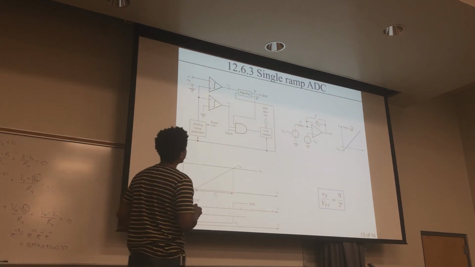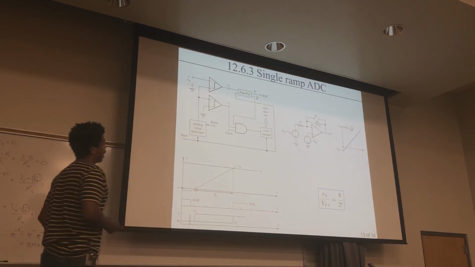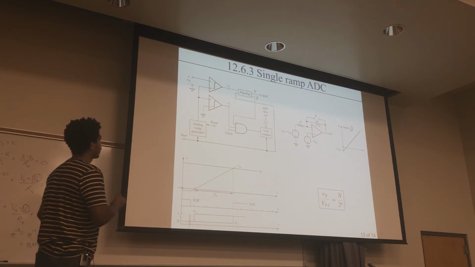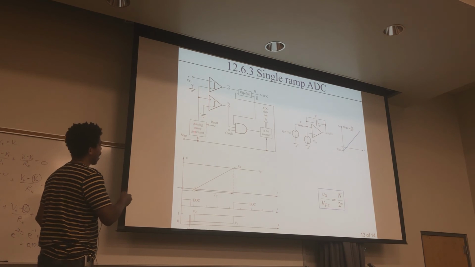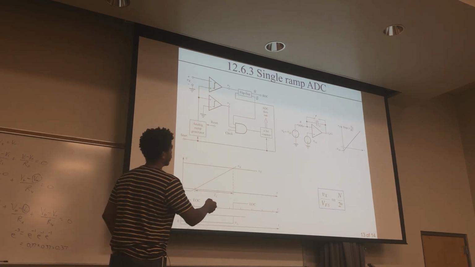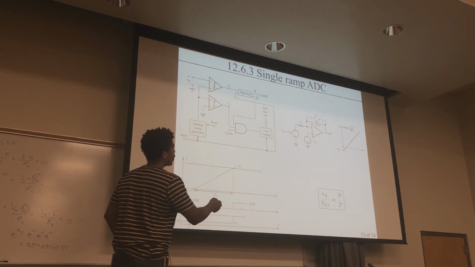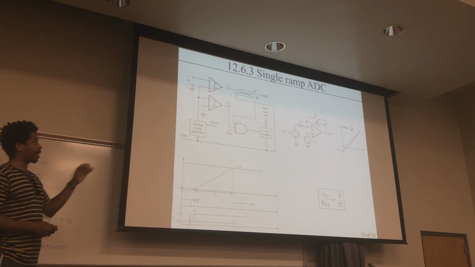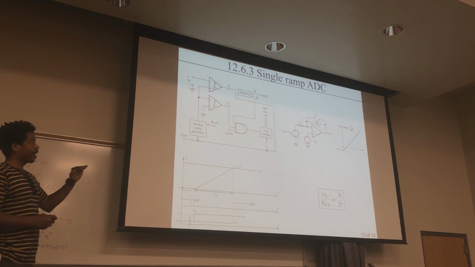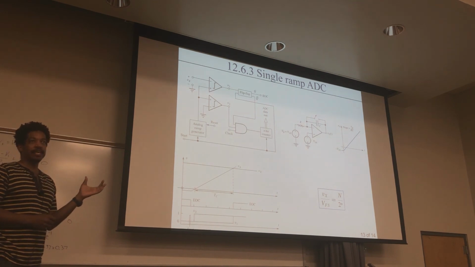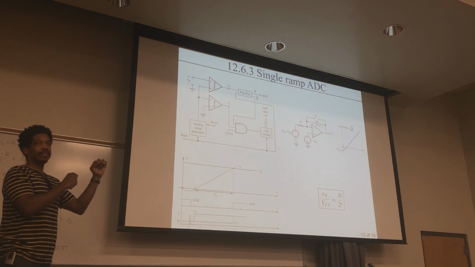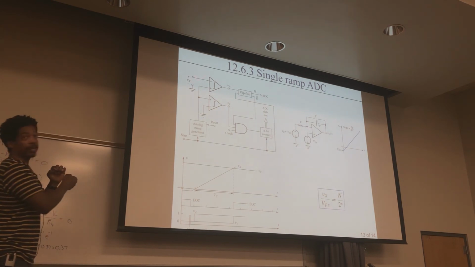And this is a single ramp method right here. What this method uses is an analog ramp generator, and that's this piece. The ramp is used so there's a constant rate for that ramp, right? So a ramp is going up, and then it's counting how long it takes for that ramp to exceed the value of the input.